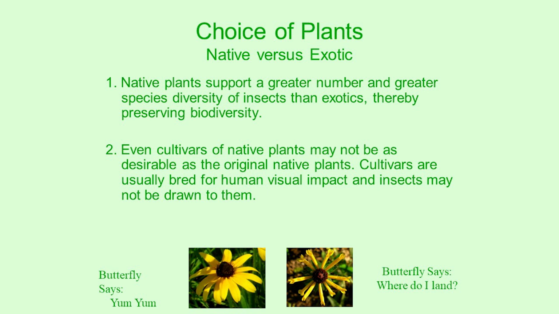Some insects, in order to get nectar from that central dark part of the flower, need to land on the petals. It's kind of like landing strips. And if they come across a cultivar of that black-eyed Susan, they may not have a landing strip to land on. Also, some of the cultivars really don't have any nectar in them. The nectar-providing characteristics have been bred out.